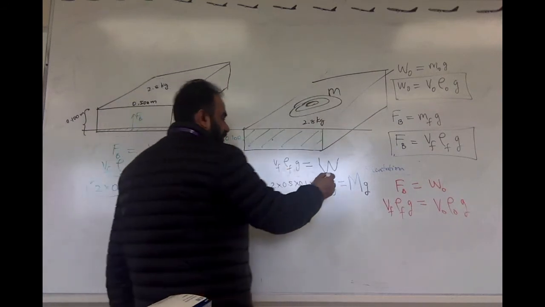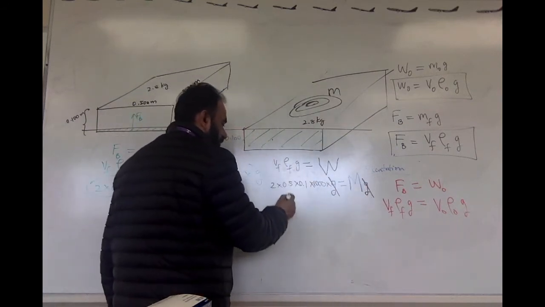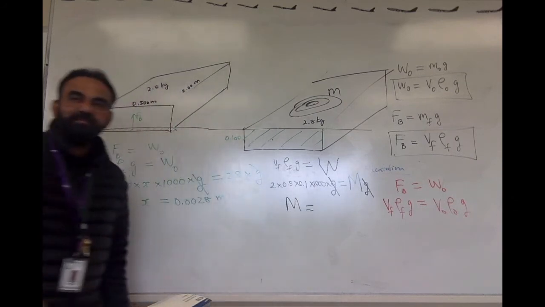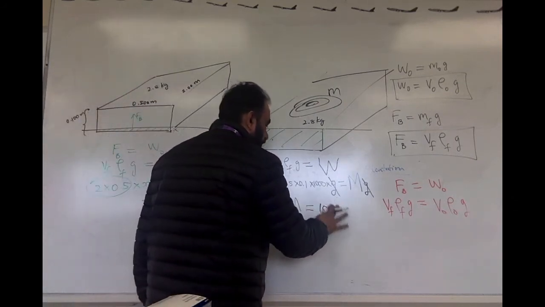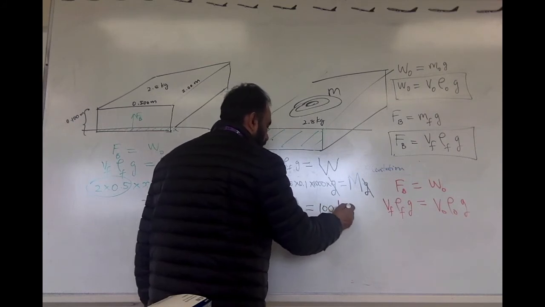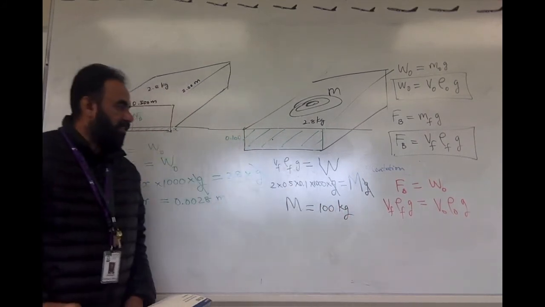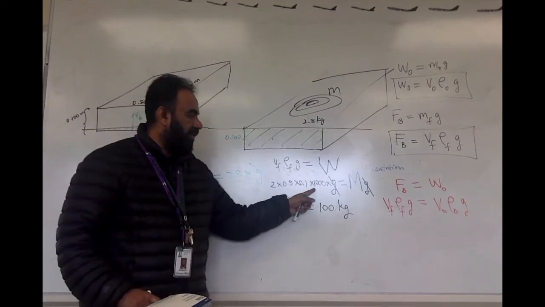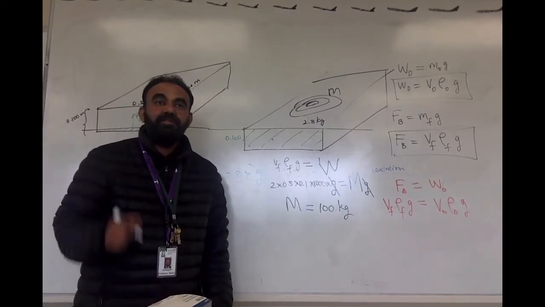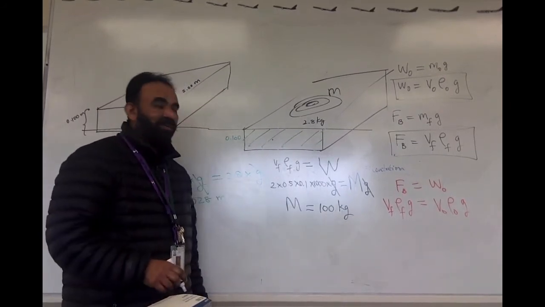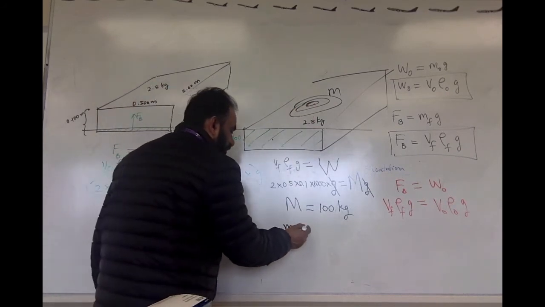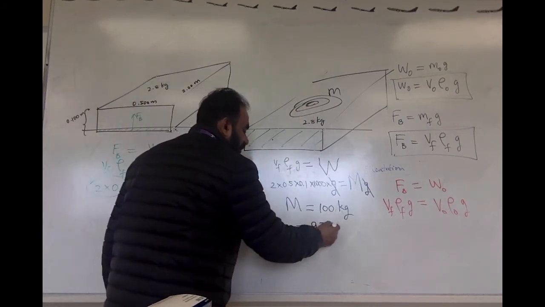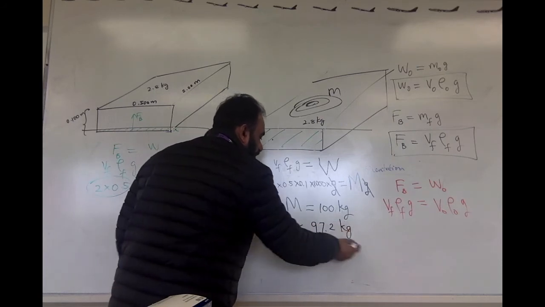So can we solve for the entire mass? What should be the total mass? 100. The entire mass is 100 kilograms. You can just multiply all this, and that's the answer. So if the entire mass is 100 kilograms, what should be this extra mass? 97 point something. That's it. We solved it.